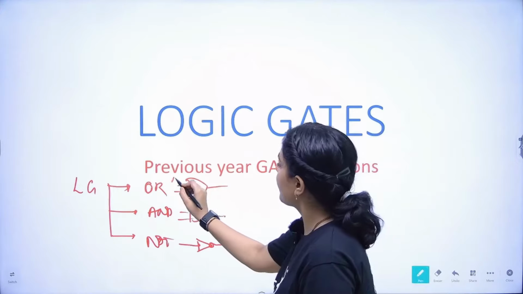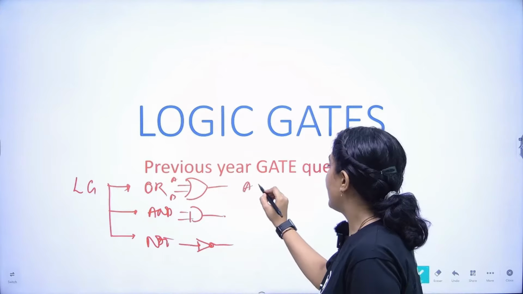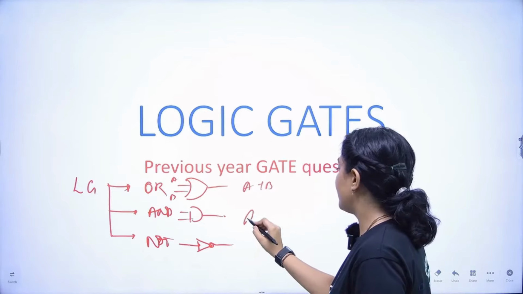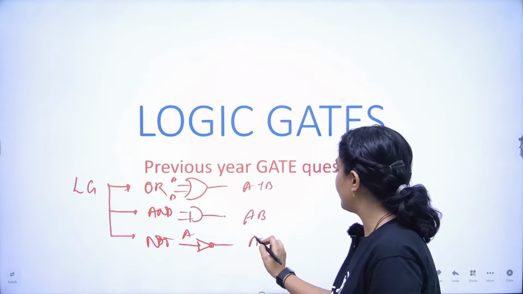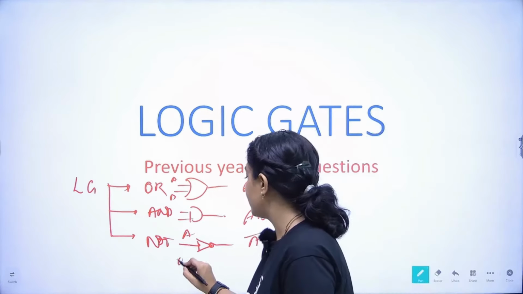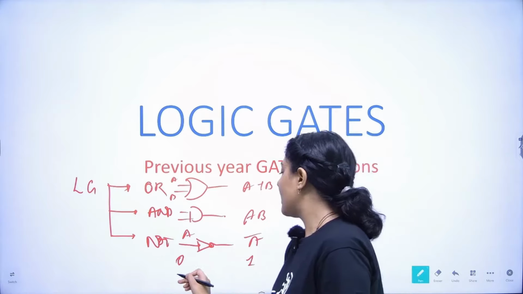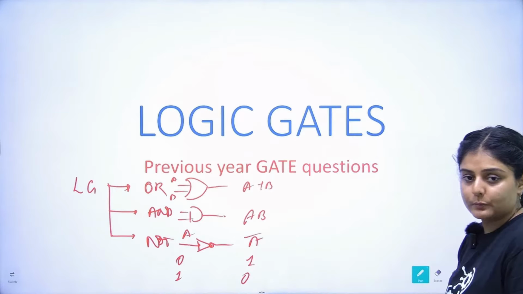So for the OR gate operation, if two inputs are A and B, the operation will be A plus B. For AND, it will be AB. For NOT, if the input is A, it will be A bar, that is not A. That means if input is 0, it will give output 1. If input is 1, it will give output as 0.